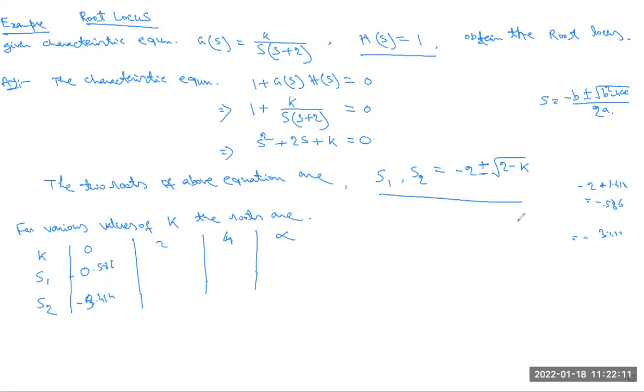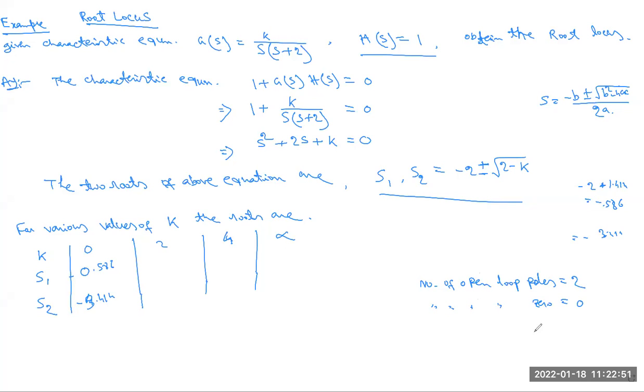Okay, so in this case here you can see the number of poles. We know that the number of open loop poles is equal to 2, because these are s1 and s2, and the number of open loop zeros is also 0, because in this equation only k is present, no zero is present in this equation.